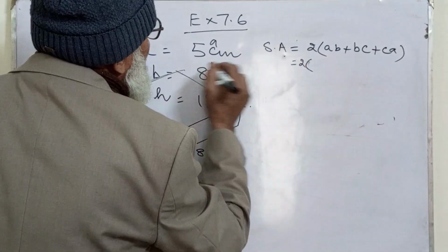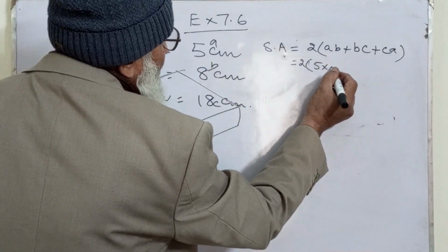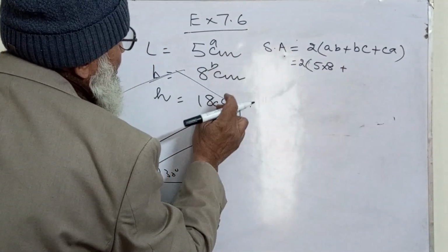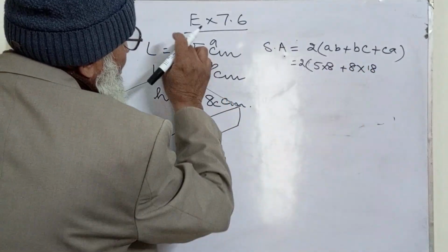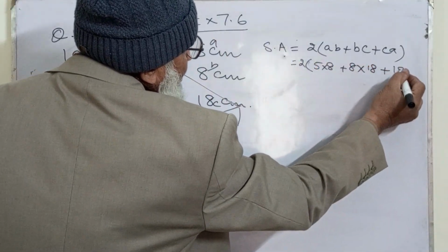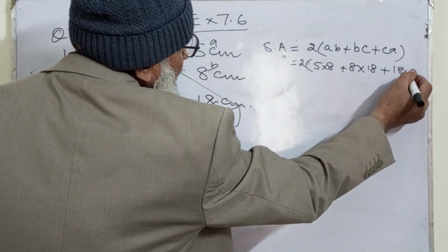AB is 5 multiplied by 8, plus BC is 8 multiplied by 18, and CA is 18 multiplied by 5.